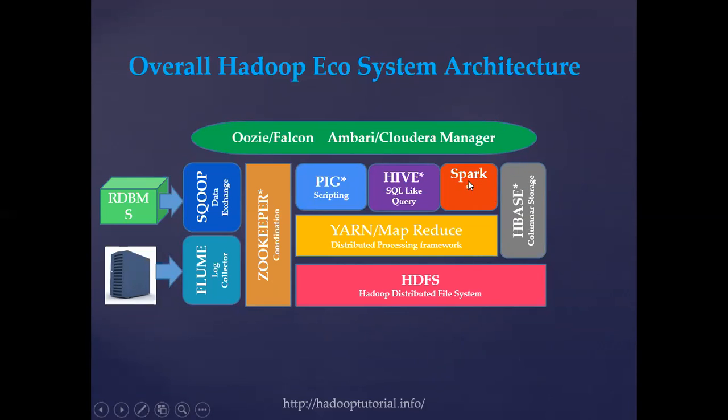But HBase and Spark are optional. A few clusters may have these two, or they may not. Even these might sometimes be optional. Some guys might be using them, or there are some other manual tools using which you can put your data into Hadoop.